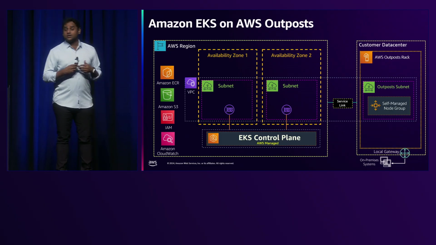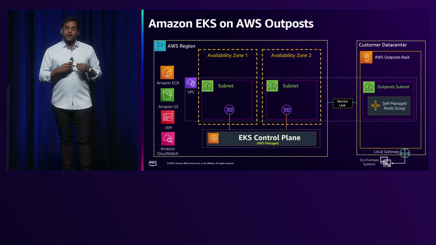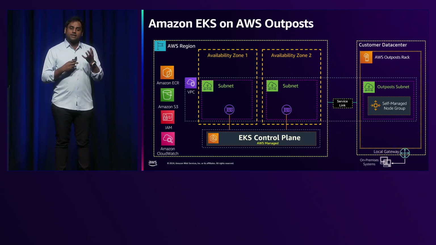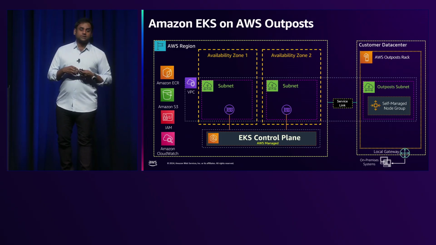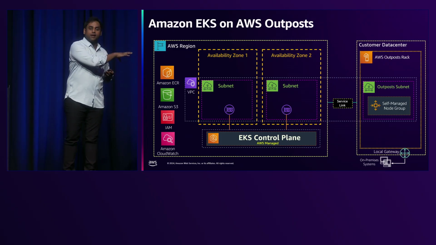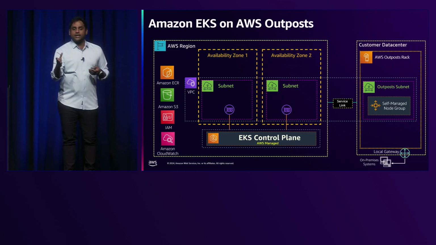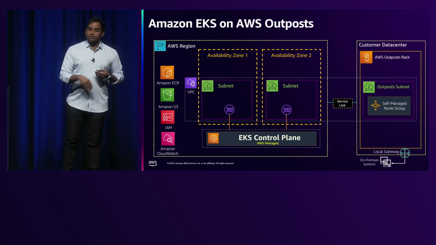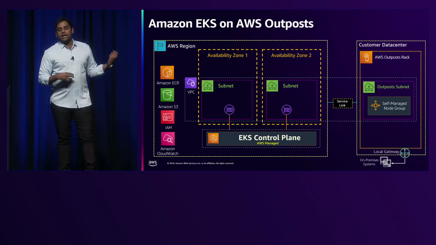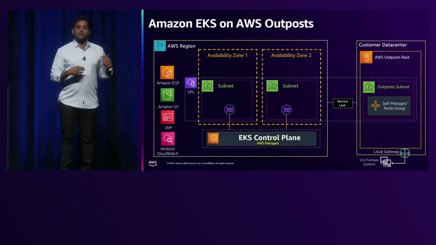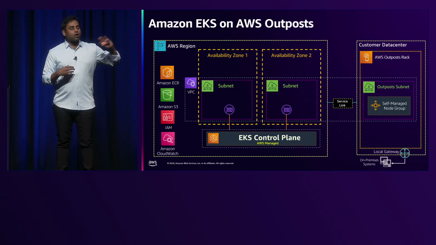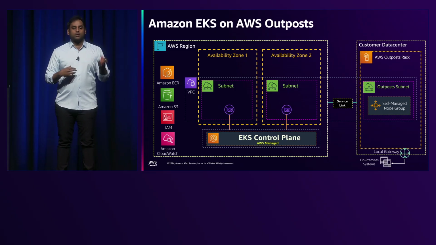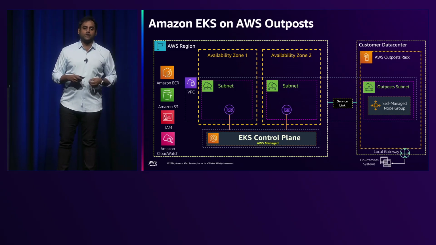So we provide a construct called local gateway, where the local gateway acts as the gateway to enable the applications that are running on this EKS environment to talk to your own applications running on any other data center infrastructure that you already have. So it enables seamless connectivity so that you can stitch the application connectivity that is running on Outposts with your own infrastructure components that are running within your data center.